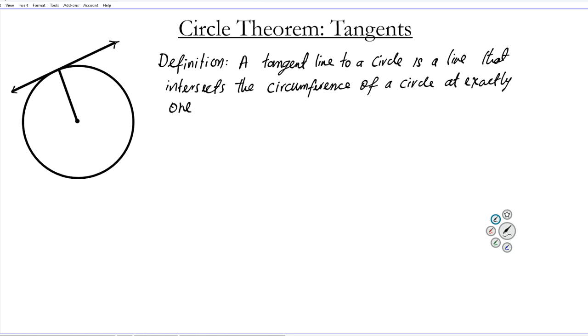Okay, so we can see it illustrated to the left. This line right here, that line is a tangent line. Okay, this is a tangent line.